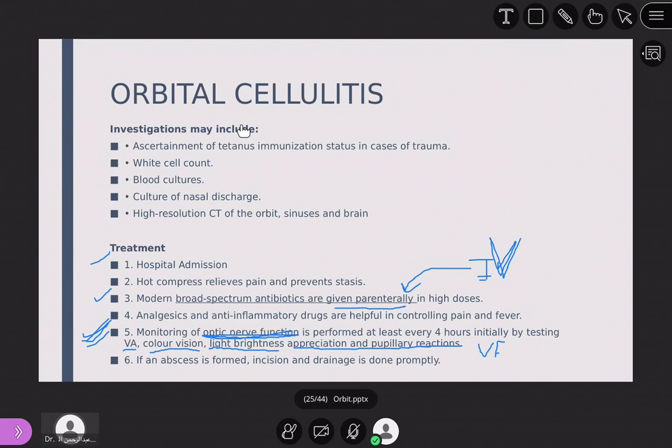So that's why you should monitor it at least 3 times daily, every 6 to 8 hours at least, because you may increase the dose of the antibiotic. You may do release. It depends, because you may do incision and drainage quickly. Done promptly, yes.